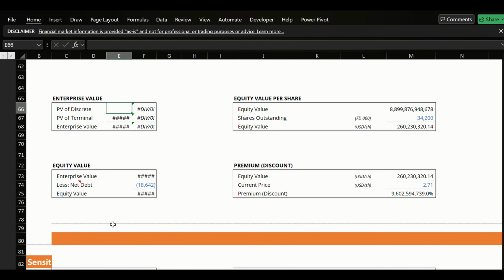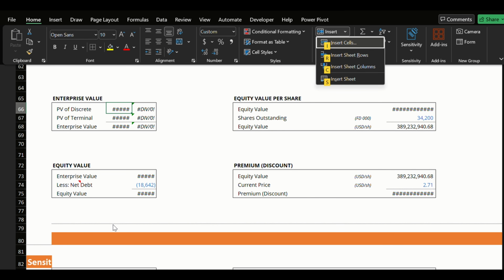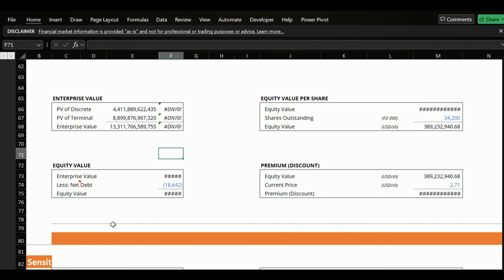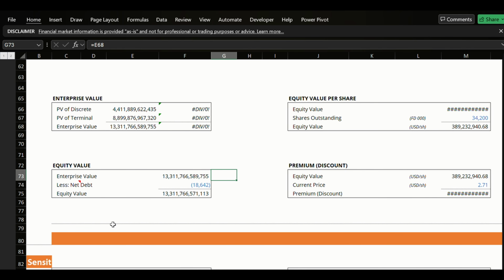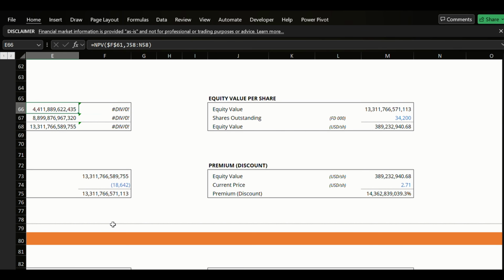F4, sorry, auto fit. F4. Let's fit all of this, F4, F4, let's fit all of this, F4. Okay.